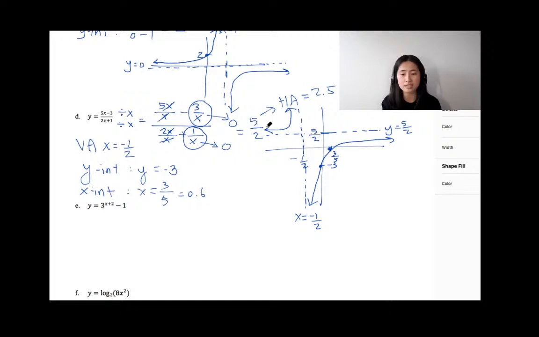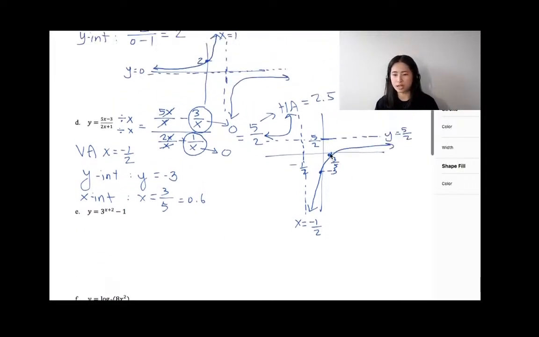So that means to the left of negative 1/2, your function needs to be positive. That's why you're drawing this up here. Does that make sense? So that tells you that you're having your function here as opposed to here, right?